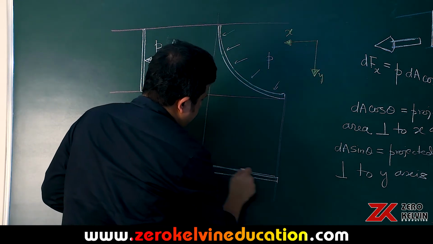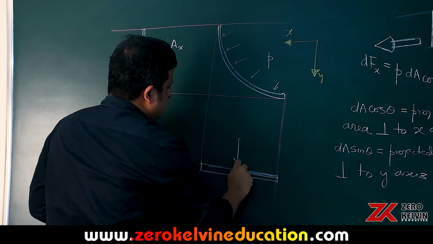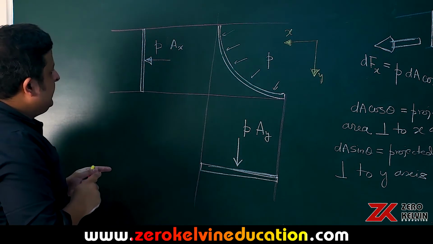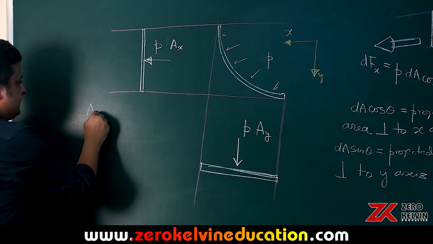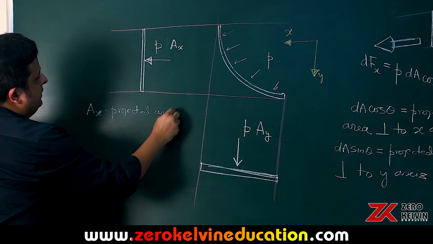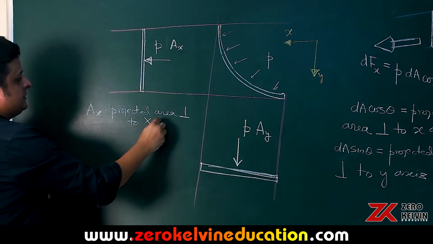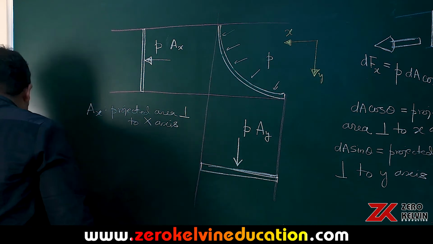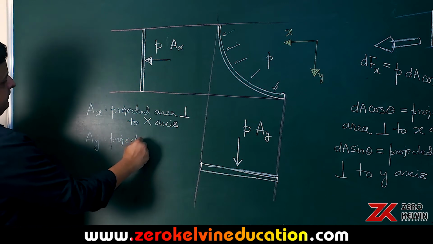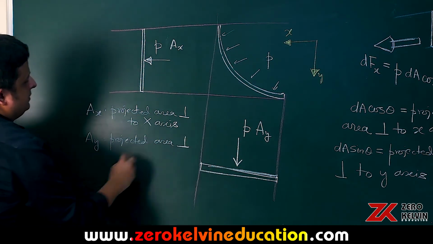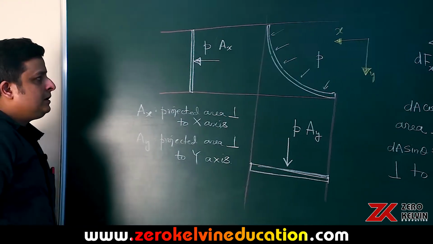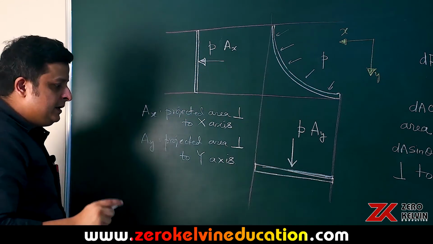And on this surface, pressure is P multiplied by AY. So AX is the projected area perpendicular to x axis, and AY is the projected area perpendicular to y axis.